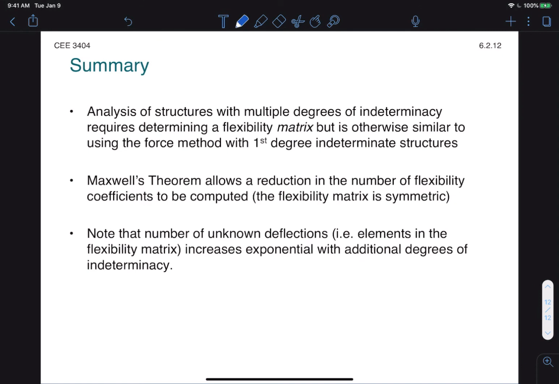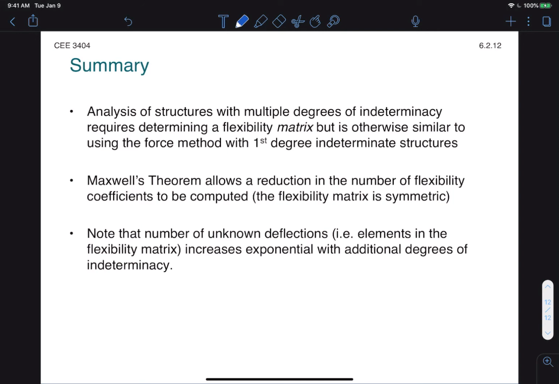So in summary, we looked at analysis of structures for multiple degrees of indeterminacy, and we used the flexibility matrix in this case to solve for 2 or possibly more compatibility equations. But otherwise, the procedure is fairly similar. We just need to keep in mind that once we have more than one redundant reaction, the reactions do have combined, coupled effects.